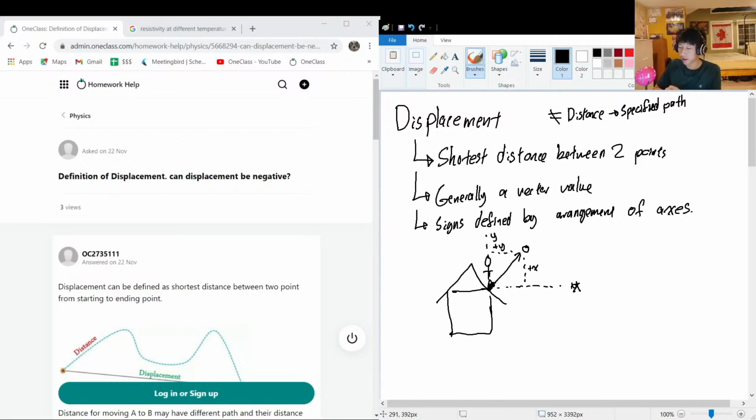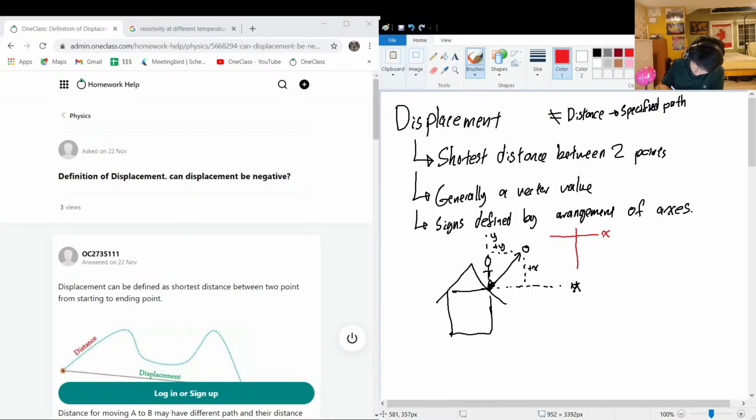But if that's a ball sitting on the top of my house, and I set up my coordinates like this, maybe I'll put them in red, and this is my x-axis and this is my y-axis, so I should draw that a little bit better like this.